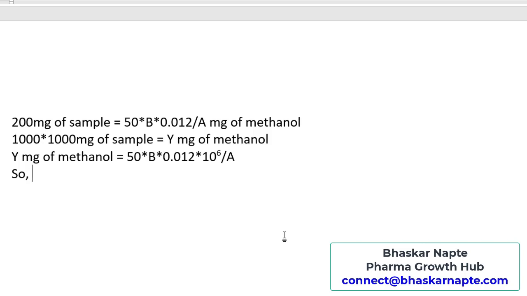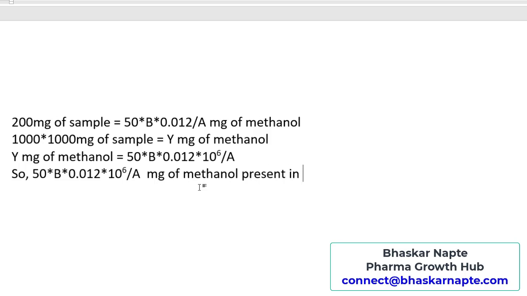So let me copy this content: 50 into B into 0.012 into 10 raised to 6 divided by A mg of methanol present in 1 kg of sample. Does it make sense? Because I have calculated for the 1 kg over here as 200 milligram having 50 into B into 0.012 by A mg of methanol. This 1 kg will just contain this much.